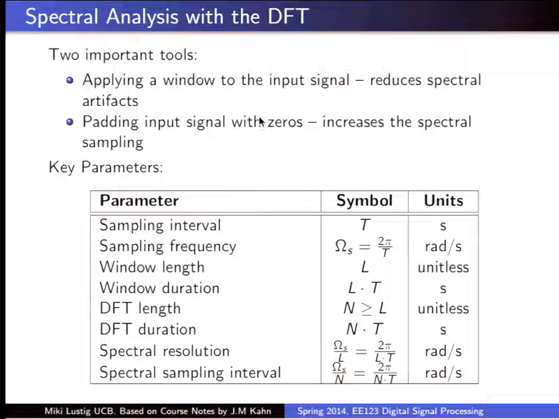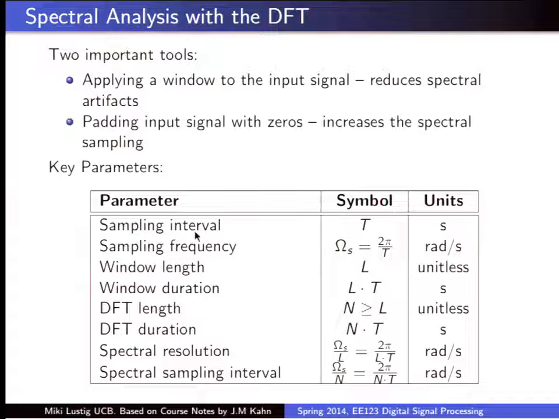So if you apply a window to the input signal, that will reduce the spectral artifacts. Okay? And I'll explain what that means. But applying a certain window will reduce those effects. Okay? Padding the input with zeros will increase the spectral sampling. Okay? So those are really the tools that we're going to be using.